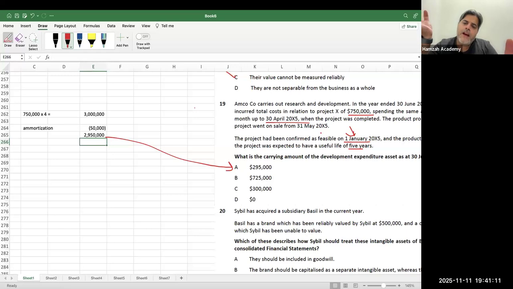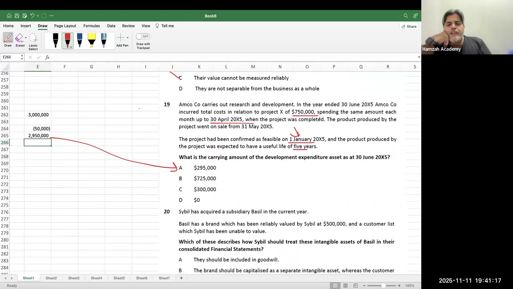Otherwise, if I have to go on some number of months basis, then it should have mentioned at least when the project was started, by the way. When was the project started? At the start of the year, we started off. This is something I can assume. In the year ended 30th June 2025, AMCO incurred a total cost in relation to a project of 750,000, spending the same amount each month.